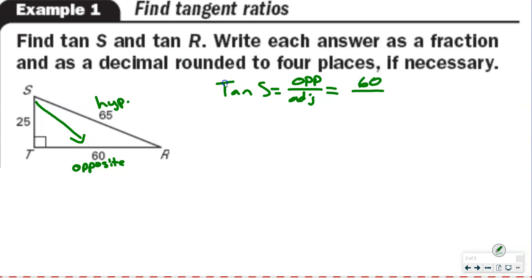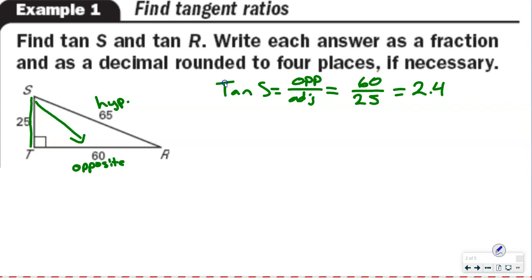And then adjacent to S would be 25 at ST. ST touches at S. So we've written our fraction as 60 over 25. And it also says to write in decimal form as well. So punch into your calculator, 60 divided by 25, and we get 2.4. So it also equals 2.4. Don't need to round it. It's only 1 decimal place.